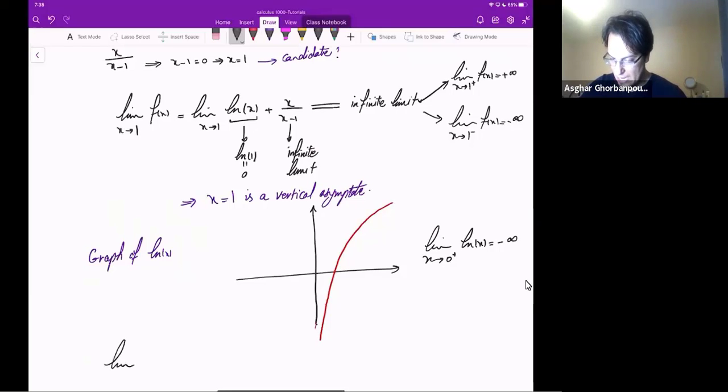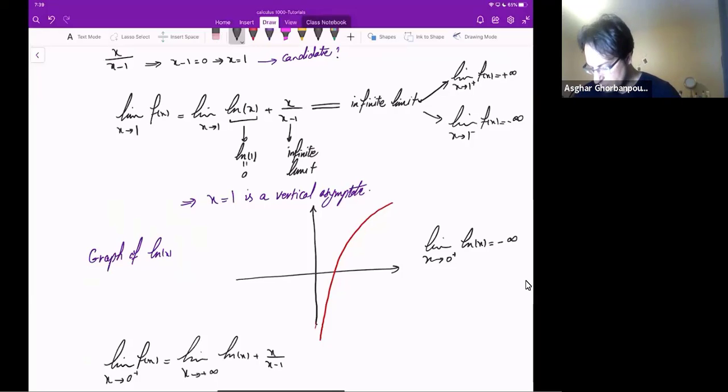We have to check what happens to f as x approaches 0 from the right. This is ln x plus x/(x minus 1) as x approaches, oh sorry, as x approaches 0 from the right.